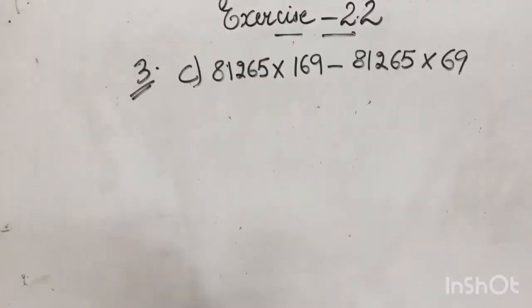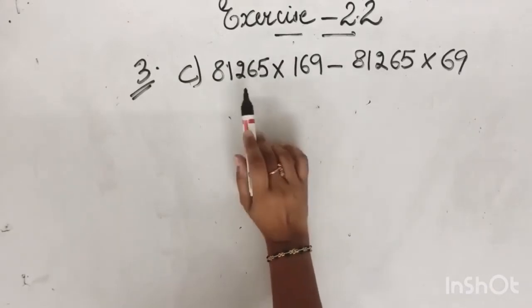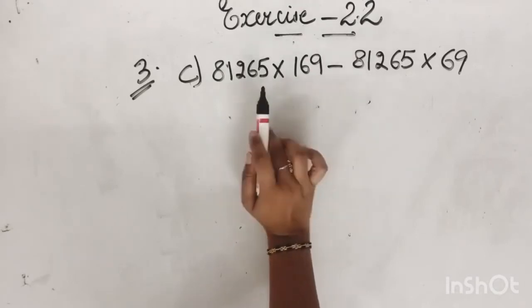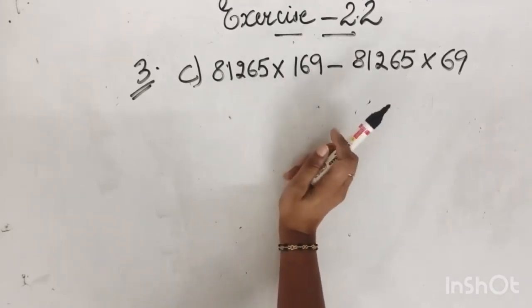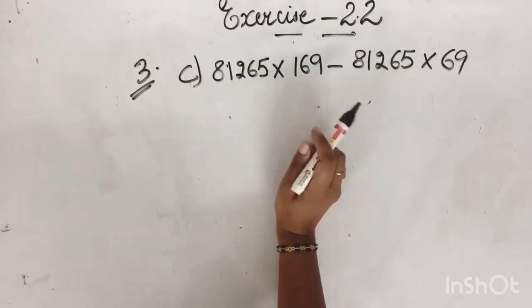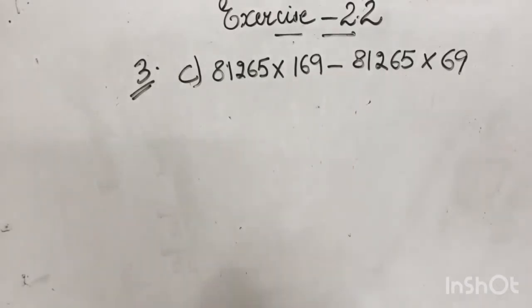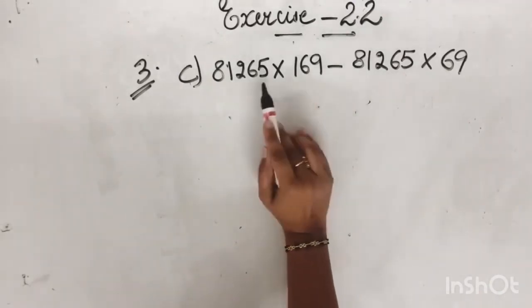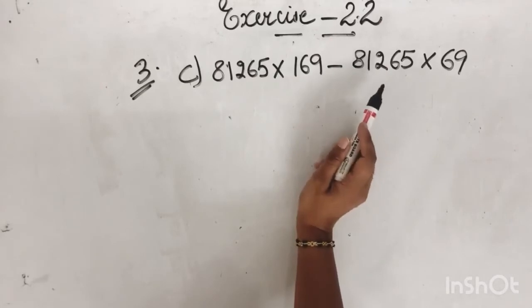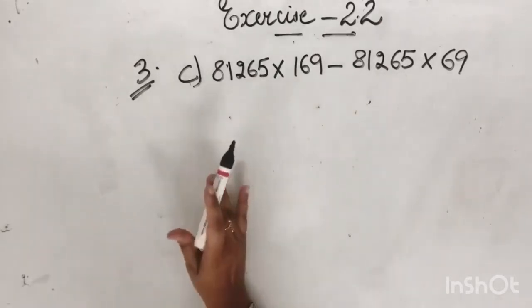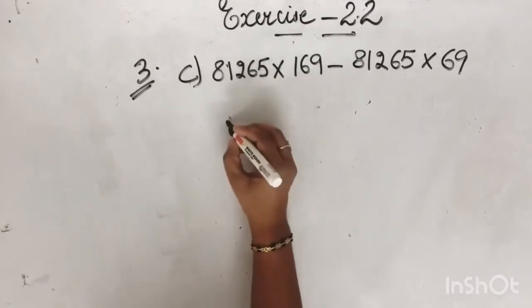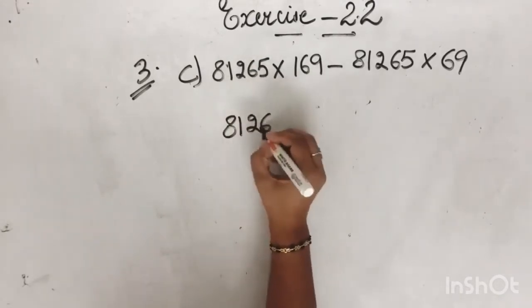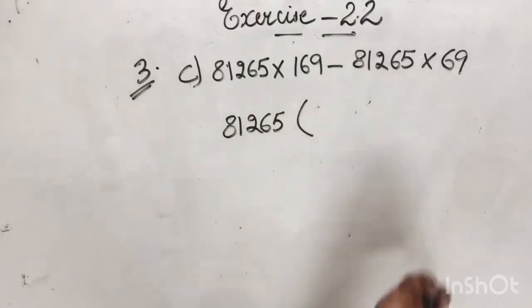Third question, find the value. I am doing the C part. If you multiply both the terms separately, it will be quite complex to solve. So we can apply the distributive property. What was the distributive property? If one number is common in both the terms, we can take that number out of the bracket. Like we'll write 81,265 outside the bracket.